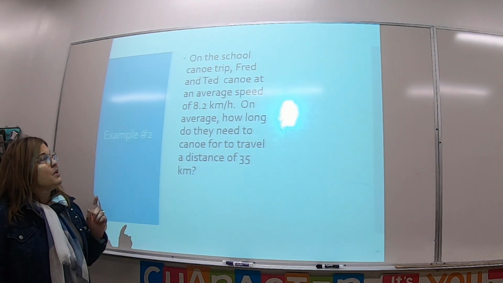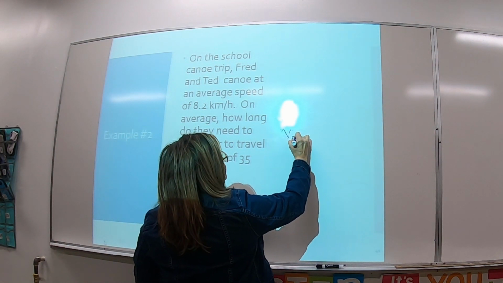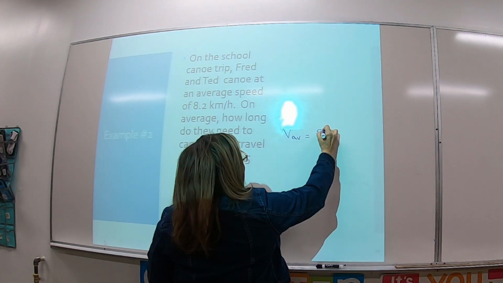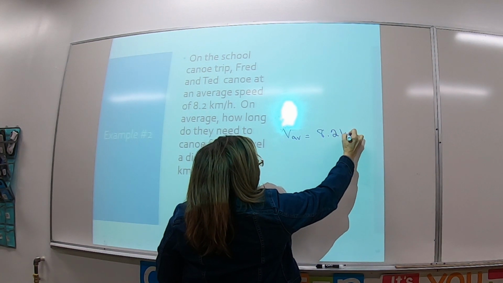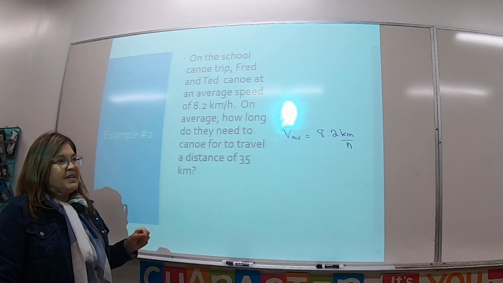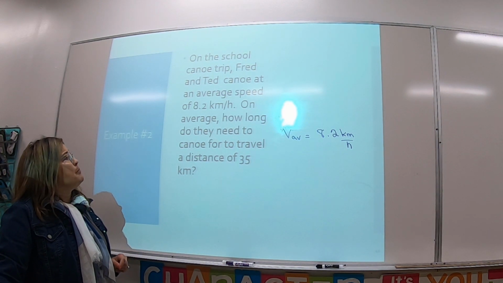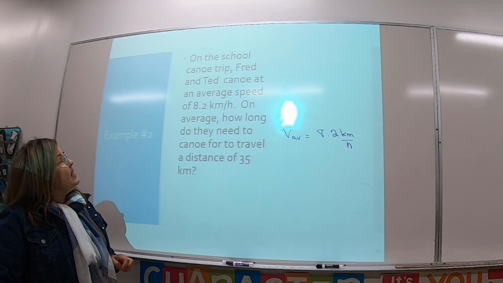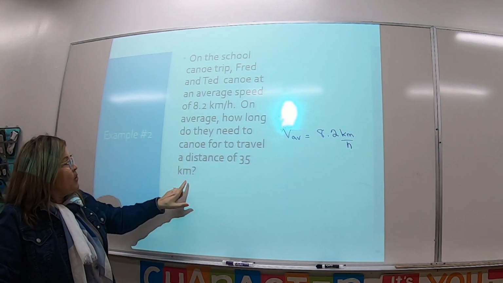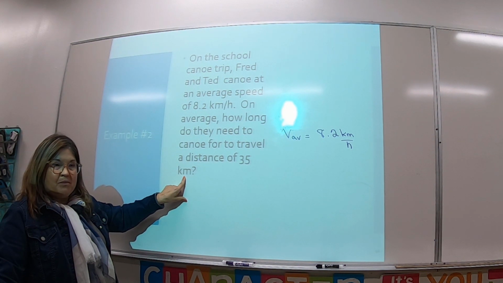So again, we're going to write down what we know. We know our speed, V average, is 8.2 kilometers per hour. So I have to have my symbol, and I have to make sure I put my units in. We know that the distance traveled is 35 kilometers.